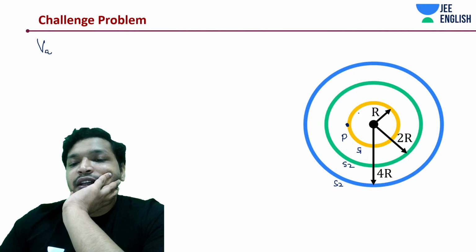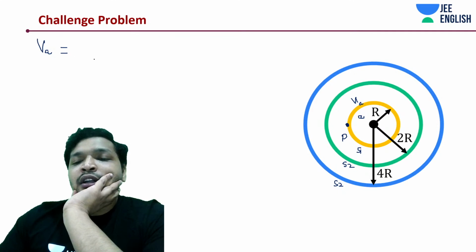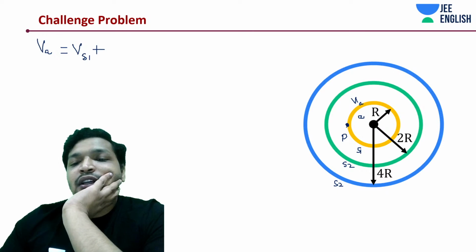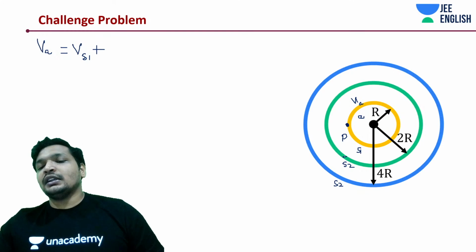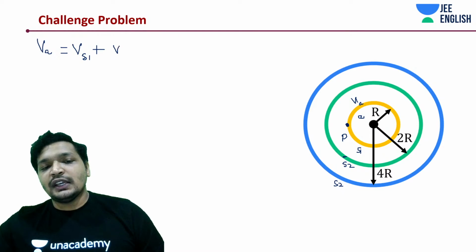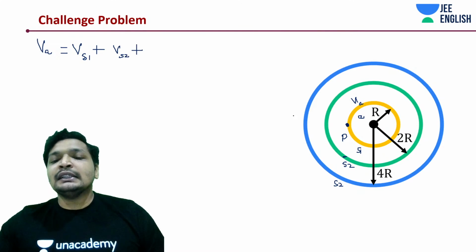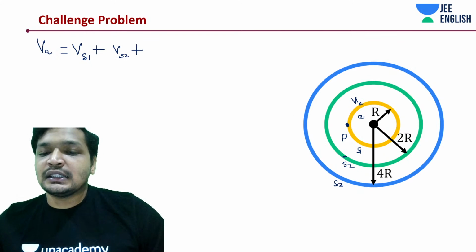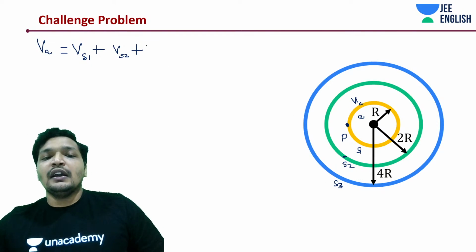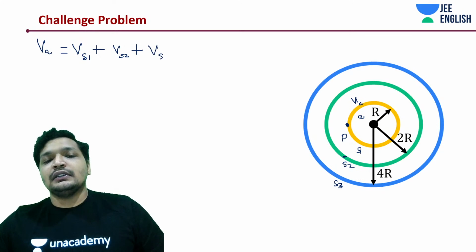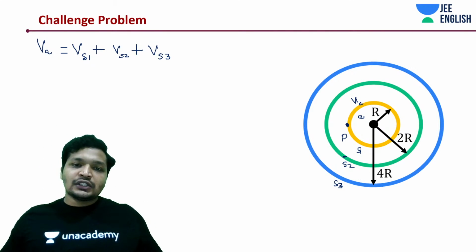This is sphere A, and the potential on it is VA. There would be 3 components: one due to surface 1 itself, VS1, then due to sphere S2, which is VS2, and then due to surface 3, which is VS3. That's all you need to do.